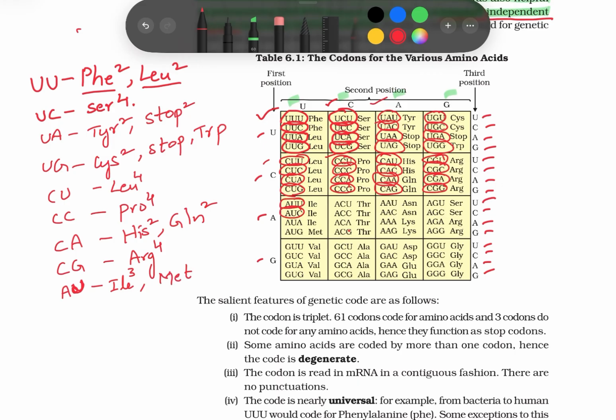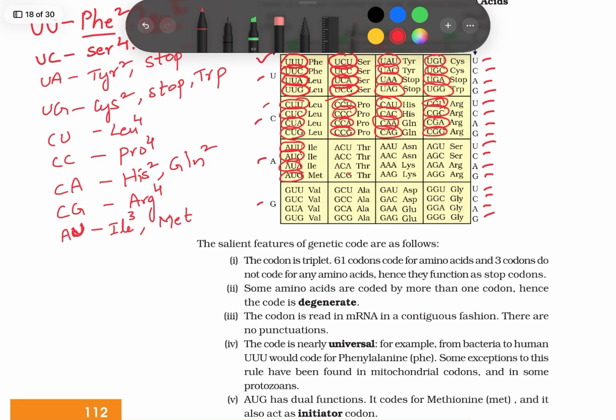AUU, AUC, AUA for isoleucine, AUG for methionine. So first box done. The second box, AC. All AC codons are coding for threonine, Thr4: ACU, ACC, ACA, ACG. Second box done.